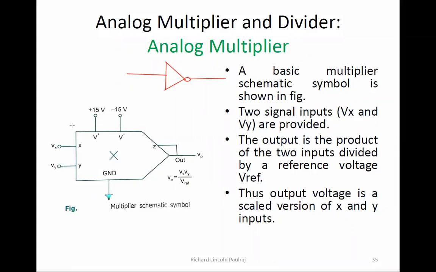Let me draw a box. Let us take this as a black box. Inside, I'm able to see that there is ground, X, Y, and all the stuff. Outside, I'm only able to see the terminals, just like in your integrated circuits, your ICs, where you can only see the aluminum connecting terminals.